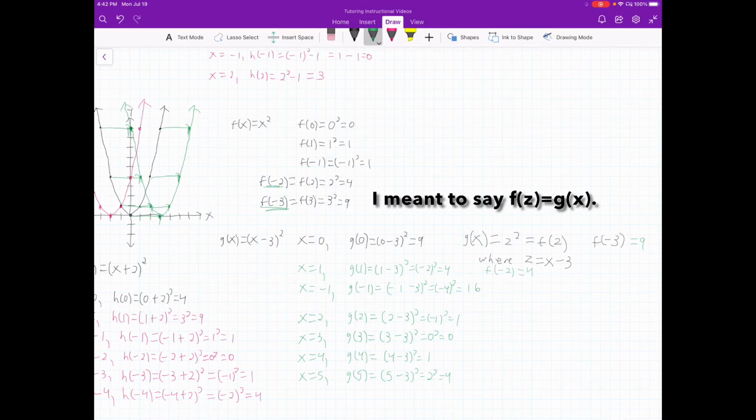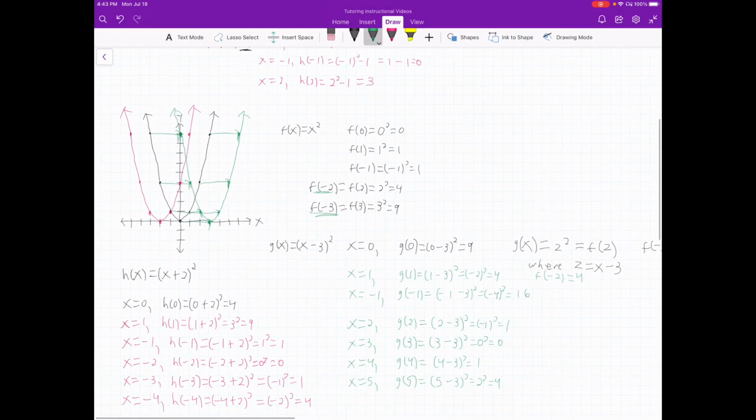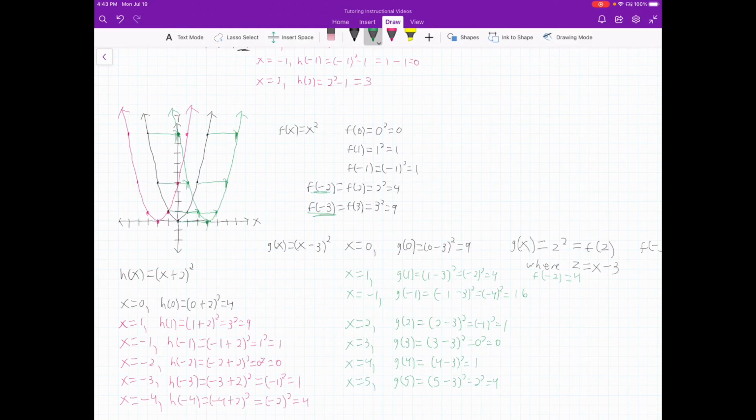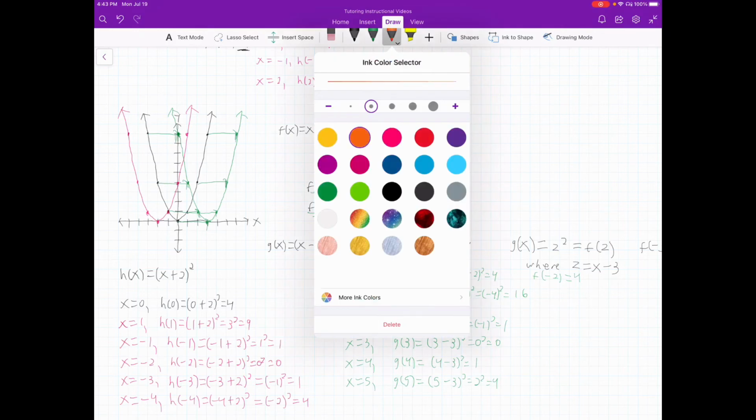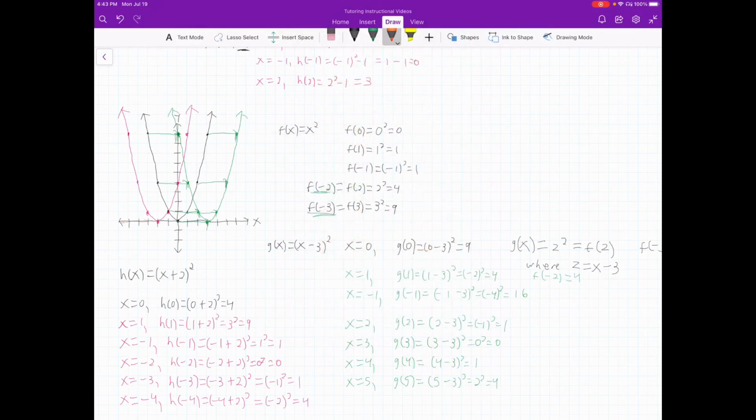And then once we think of g and f this way, we can see the reason g shifts or translates 3 to the right is because for g, x has to get up to 3 so that g is at the same point as f was when x is 0. So what I'm trying to say is, I'll use a different color, I'm moving from left to right on the x-axis.